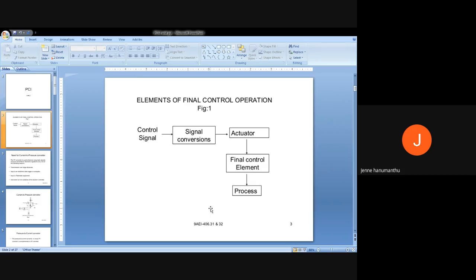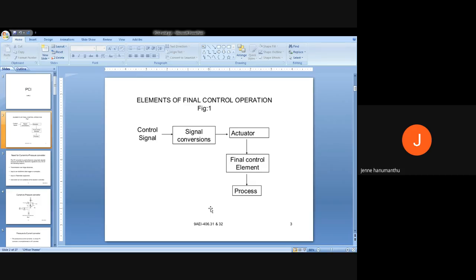The first one is electrical actuators. The second one is pneumatic actuators. Lastly, hydraulic actuators. These three we have to study and go through, right? And it is generally a very important question also, right?